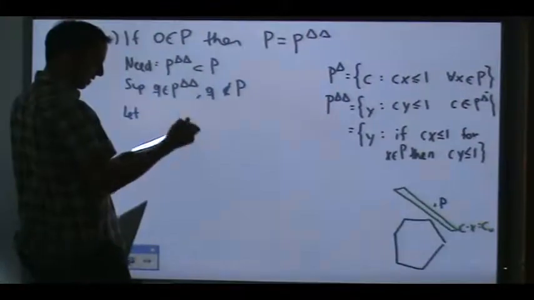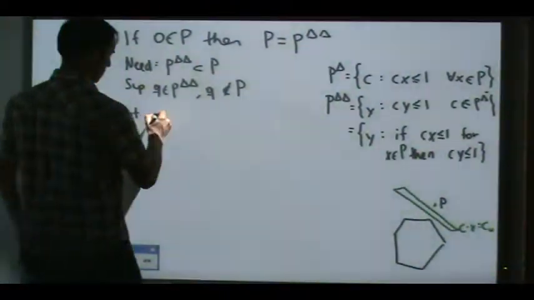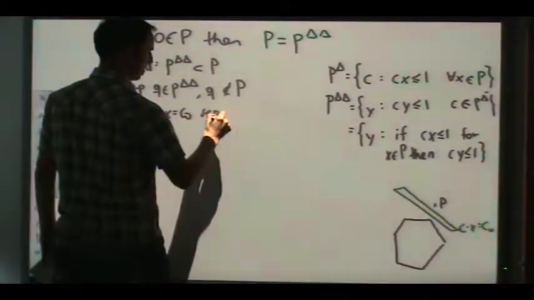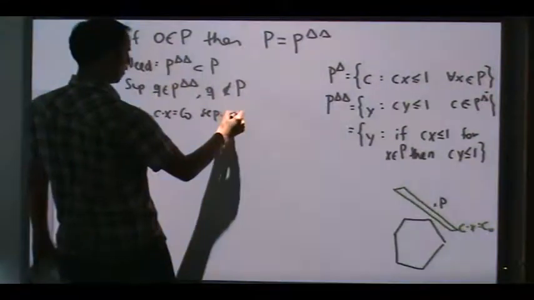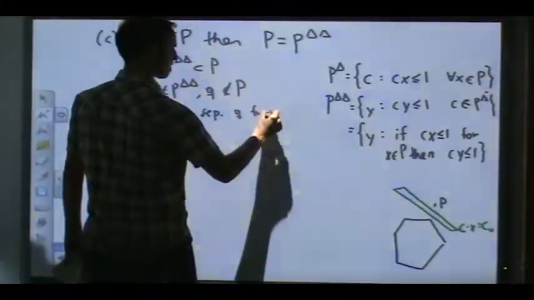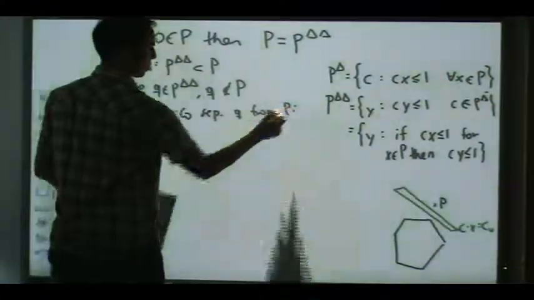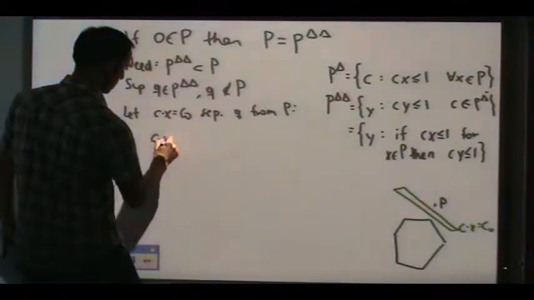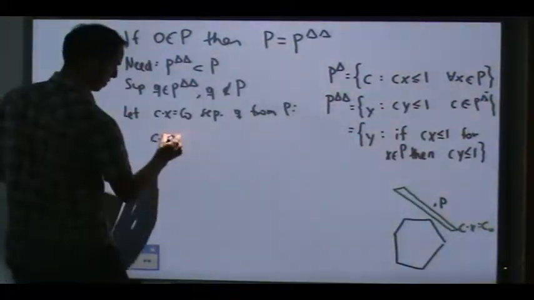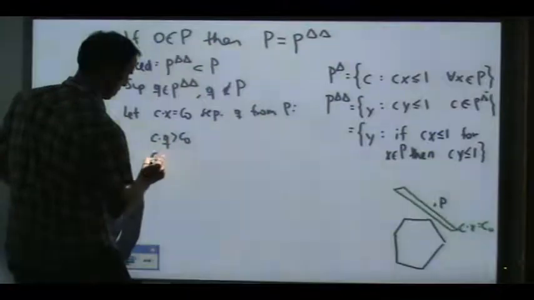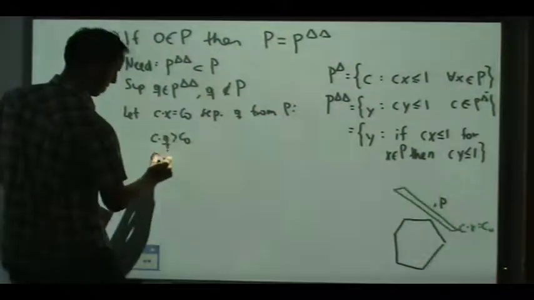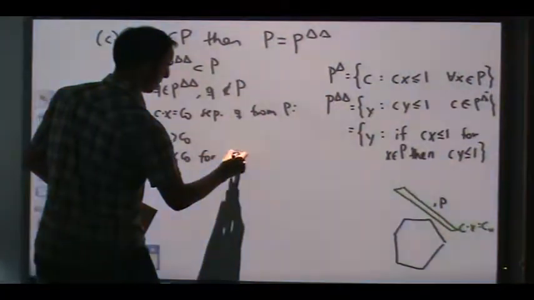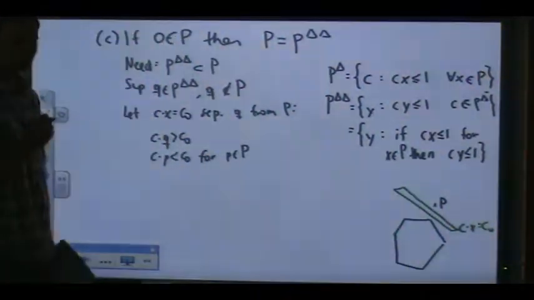So if we do that, then this separates Q from P. In other words, we have that C dot Q is bigger than C0 and C dot p is less than C0 for all p in P. Okay.